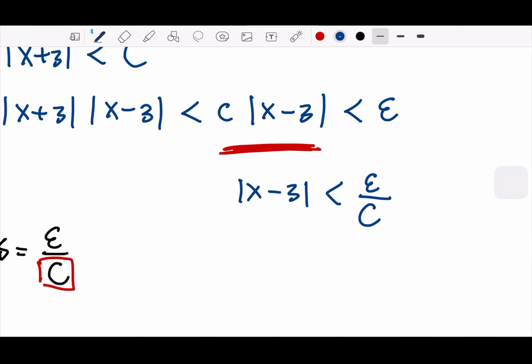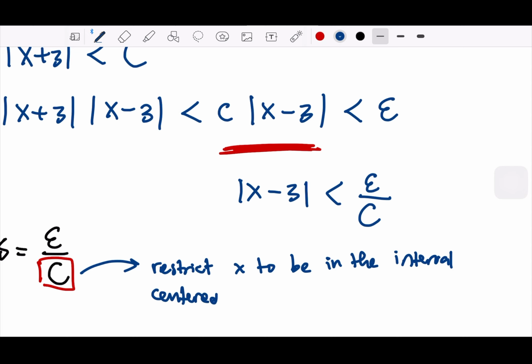Okay. That this is, we restrict x to be in the interval centered at 3. Okay.